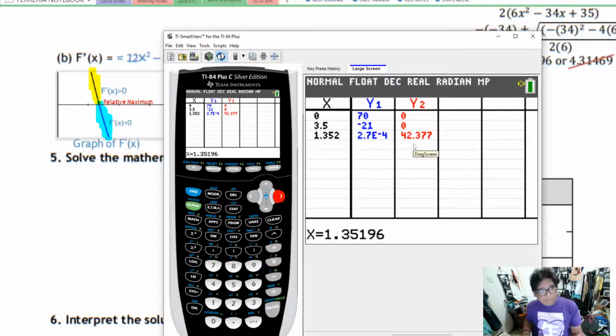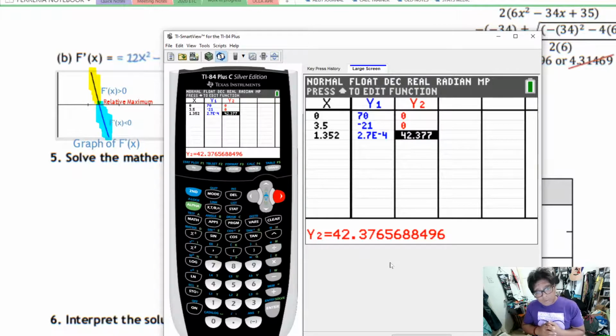Now that's probably not enough accuracy, so if you cursor over to that, that'll give you more digits for your table. So let's go ahead and copy that information onto our table.